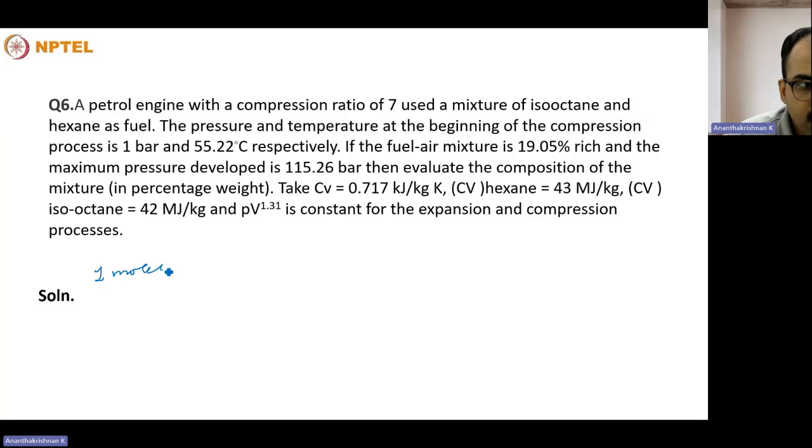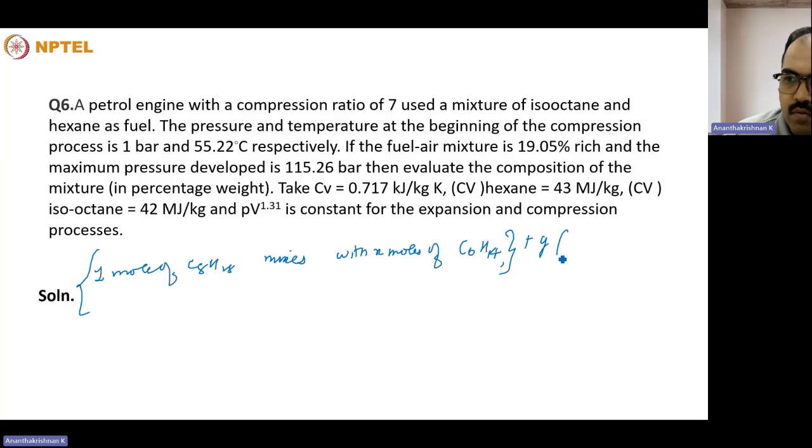So 1 mole of C8H18 mixes with X moles of C6H14. That will be the fuel part, plus Y moles of air, that is O2 plus N2 composition. This will give carbon dioxide and H2O plus N2.